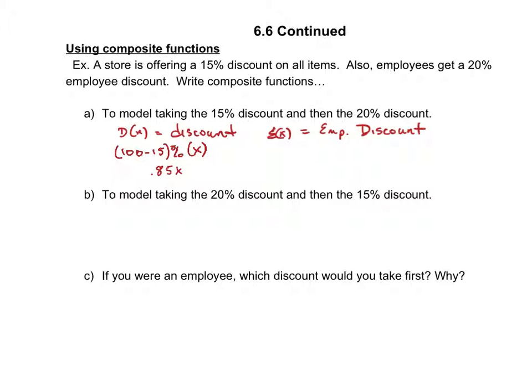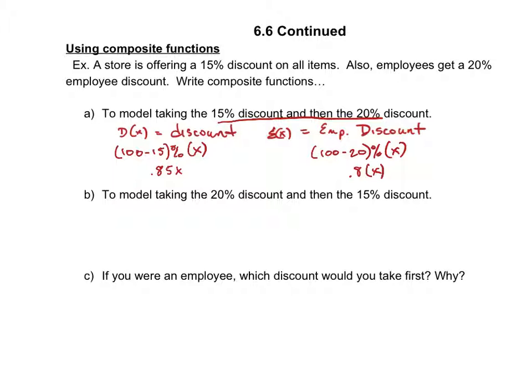And the employee discount would, of course, be 100% minus their 20% discount times whatever that item is, which would be 0.8x. And when we look at taking the discount, I think that would be d of e of x.